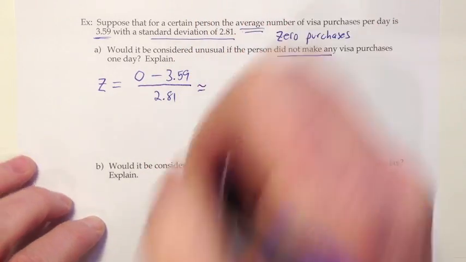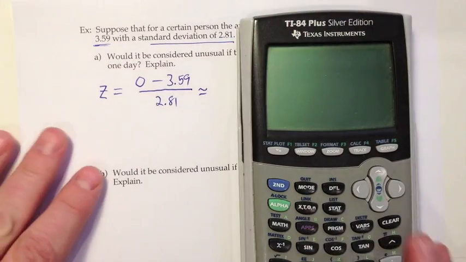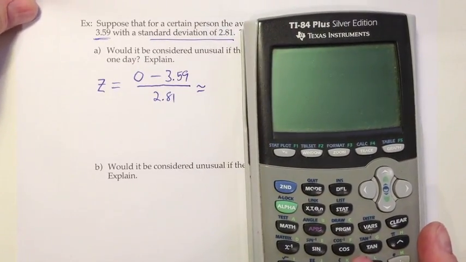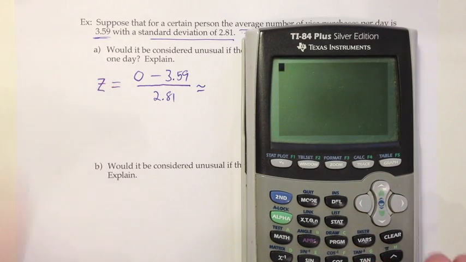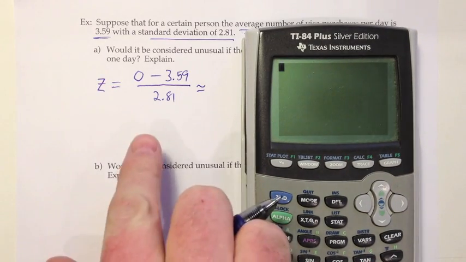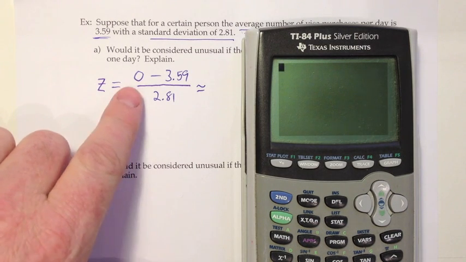I usually do that in a single calculation on the calculator, so I'll do that over here. So clearing out our old work, and then when you're doing a z-score, the way I wrote this is fine, but when you calculate it, you need parentheses around the numerator or denominator if there's more than one number. Our denominator only has 1, but the numerator has 2.